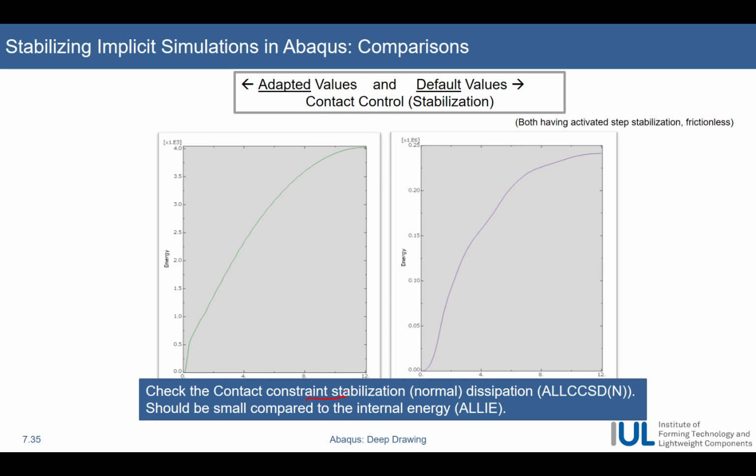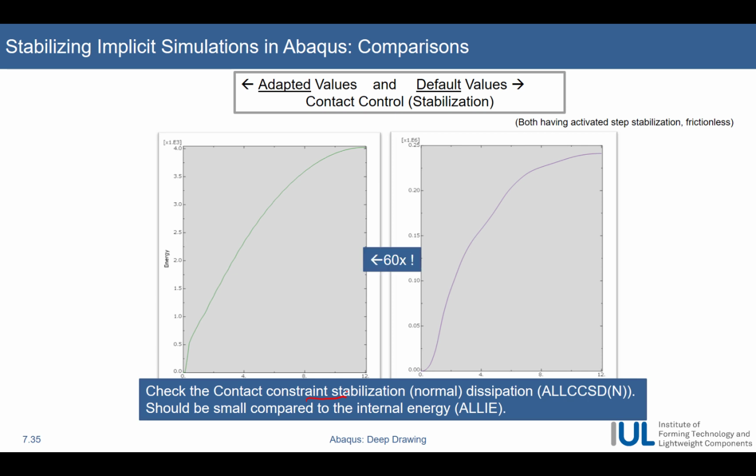And as in any case, if you have a non-dynamic regular forming simulation, all these artificial energy terms should be small compared to your total internal energy. And you see between these two values, there's a factor of 60.